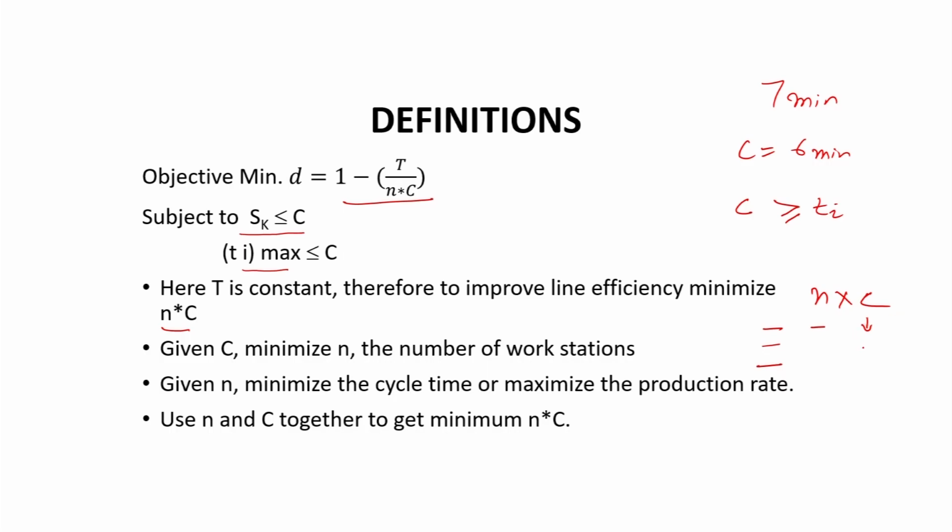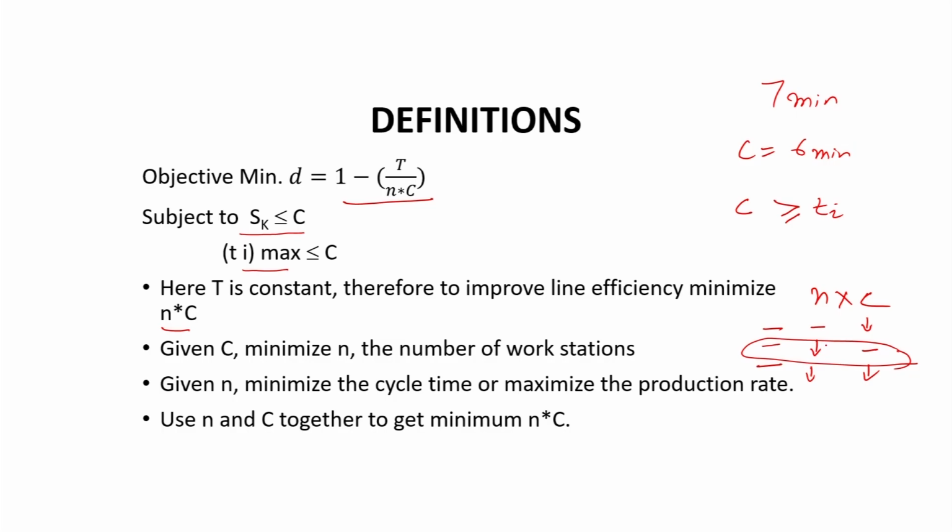Second is keeping the cycle time the same and reducing the number of workstations. Third is reducing both of them. We will see algorithms; most of the algorithms are for a particular cycle time, reduce the number of workstations. How can I produce a particular production rate with the minimum number of workstations?